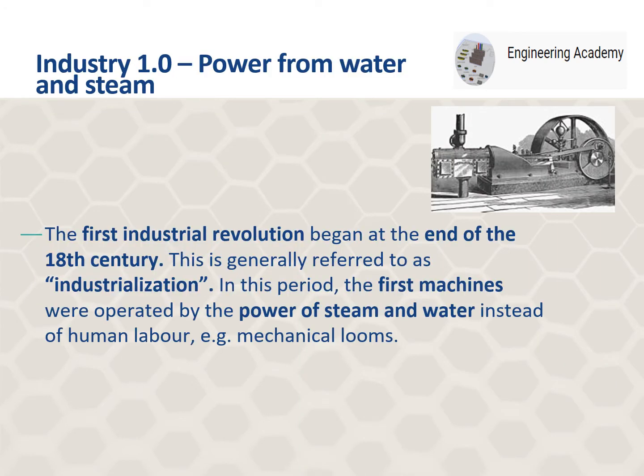So looking at Industry 1.0, the first industrial revolution began at the end of the 18th century. This is generally referred to as industrialization. In this period, the first machines were operated by the power of steam and water instead of human labour. So we had these mechanical looms and things like that.